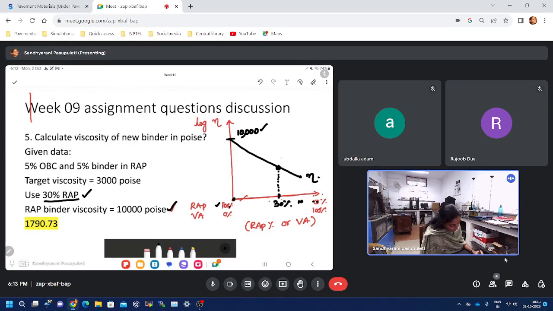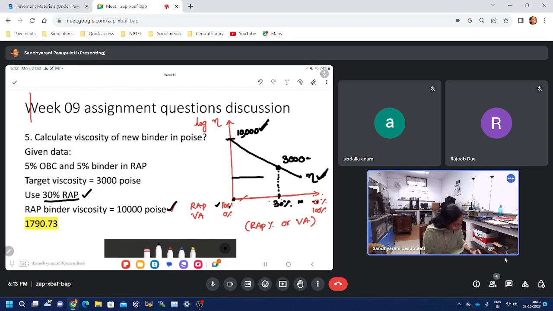That viscosity is nothing but the target viscosity, and that is given as 3,000. So this is the given problem. We have the RAP binder viscosity of 10,000 and we do not know what new binder I have to add. But if I know the viscosity of the new binder, finally I have to get this 3,000 viscosity. So now the unknown factor is only eta.